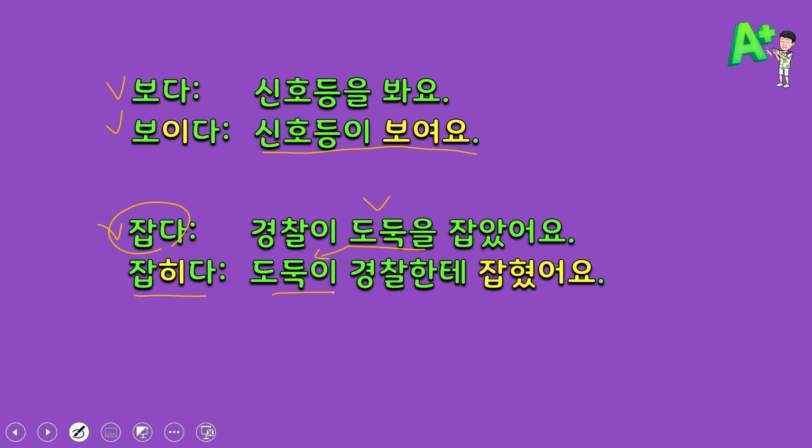So 도둑이 경찰한테 by. Again, 한테 is used because 경찰 is an animated noun. 잡혔어요. The passive form infix is used along with the past tense.